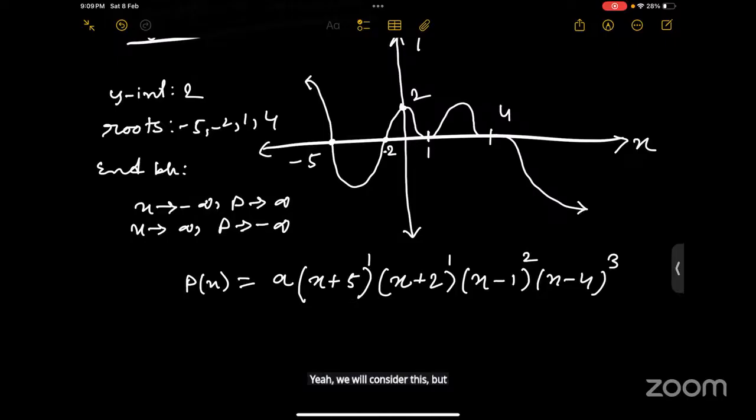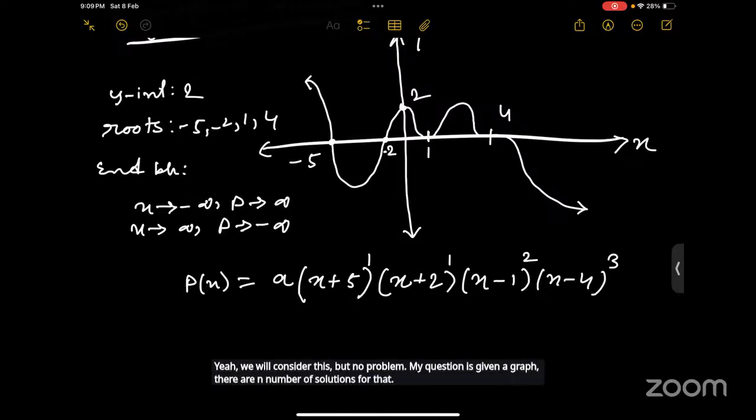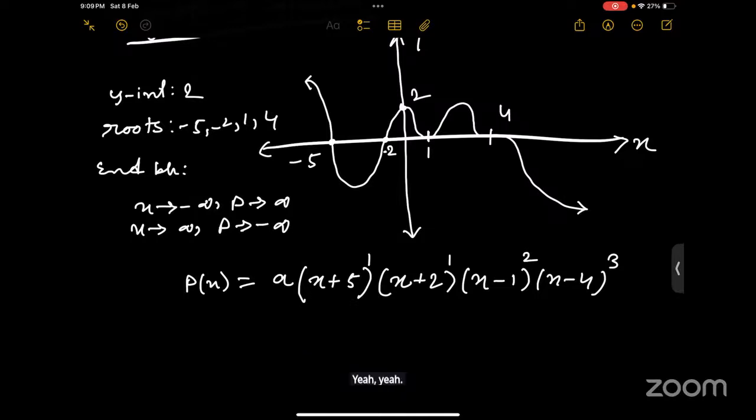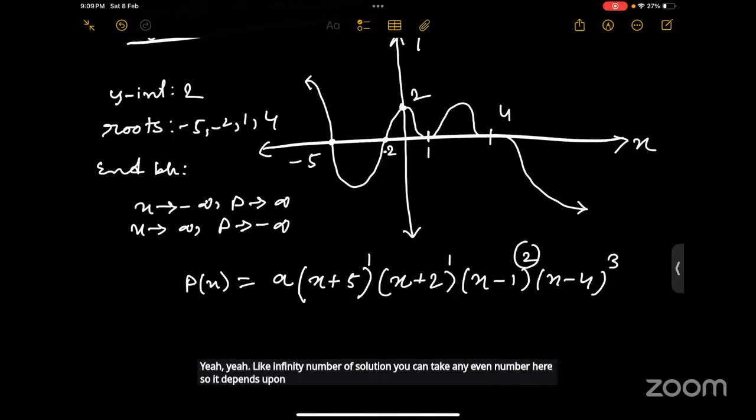My question is, given a graph, there are n number of solutions for that. Yes, infinite solutions. You can take any even number here. It depends upon the flatness, whenever we are increasing the exponent.